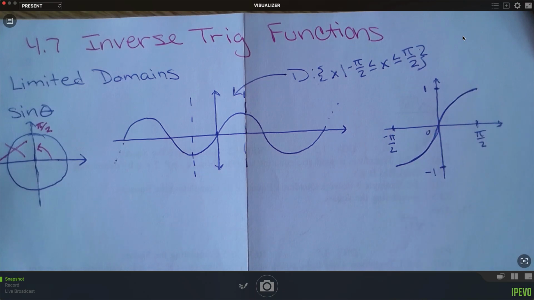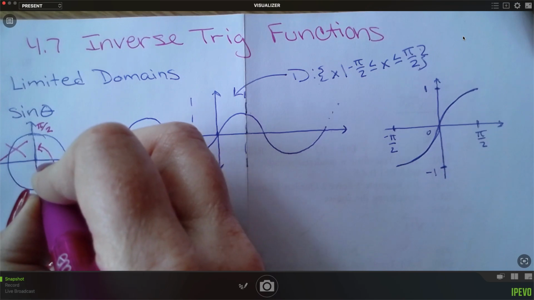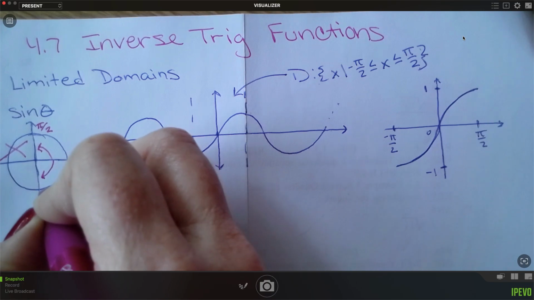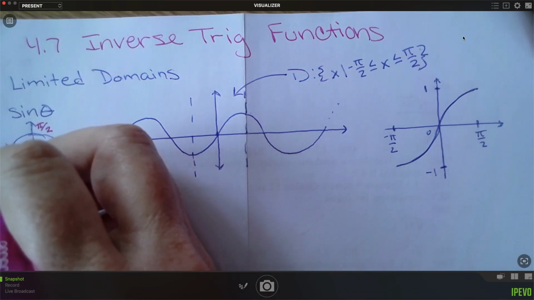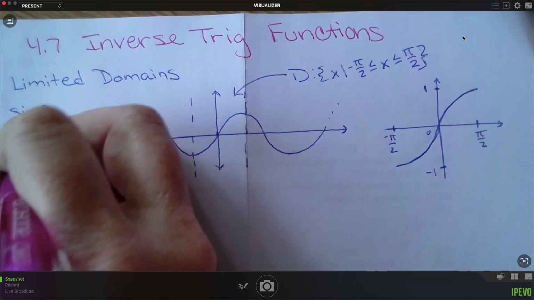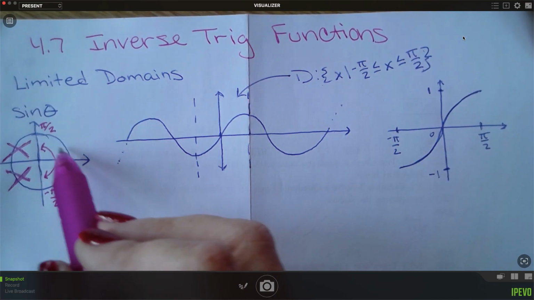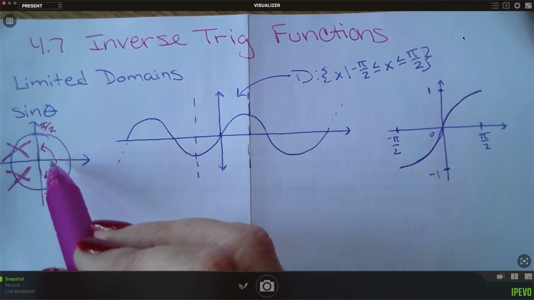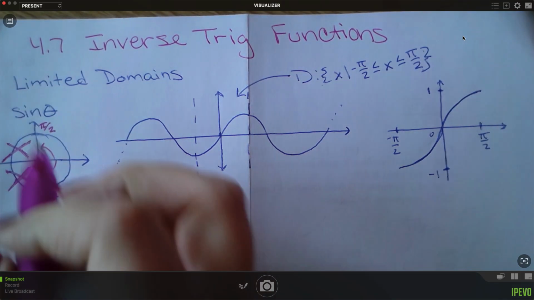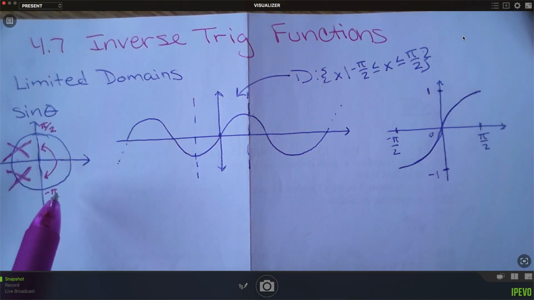Okay. Well, I need 0 to -pi/2. Negative is a negative angle, yes? So I don't go up, I go down. So that's why it's -pi/2. Does quadrant 3 exist in my world anymore? No. Okay, now think about this. These do not exist. So that is why every angle is going to be an acute angle, because I can go up to pi/2 or down to -pi/2. Think about Christopher Columbus sailing off the edge of the earth. Can I sail off the edge of the earth and then come back up?